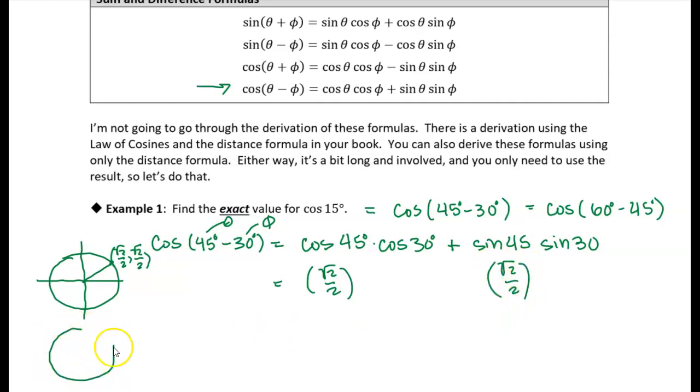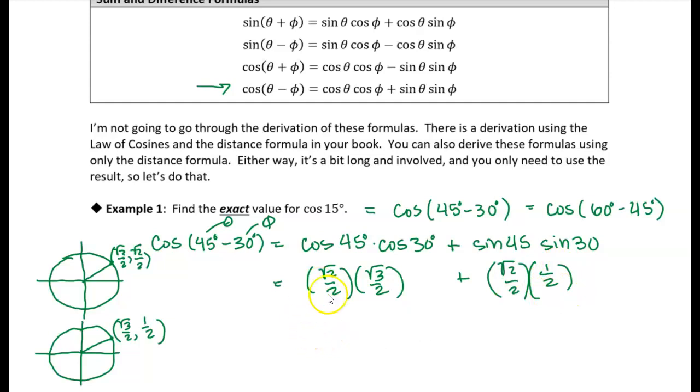Now we can also find 30 degrees on the unit circle. 30 degrees is over here. The cosine, the x coordinate, is the square root of 3 over 2, and the y coordinate is 1/2. So that's my cosine and my sine. I'm going to substitute for cosine of 30 degrees, the square root of 3 over 2, and add to that the sine of 30 degrees, which is 1/2.